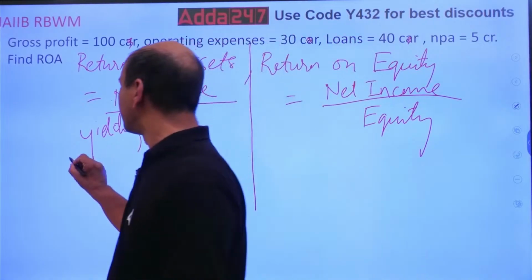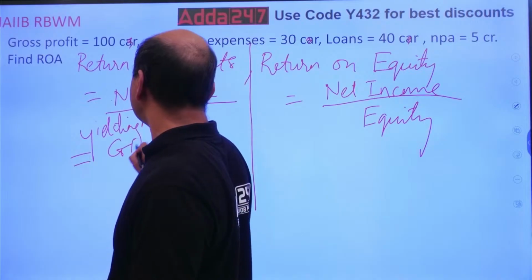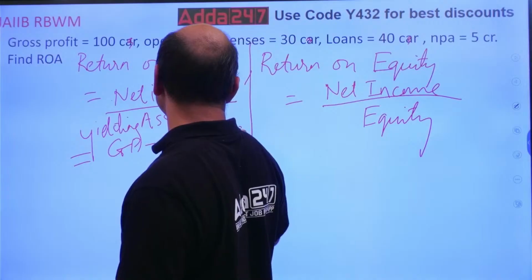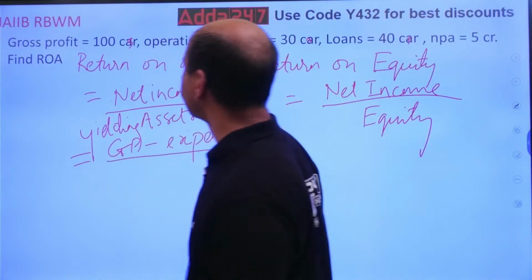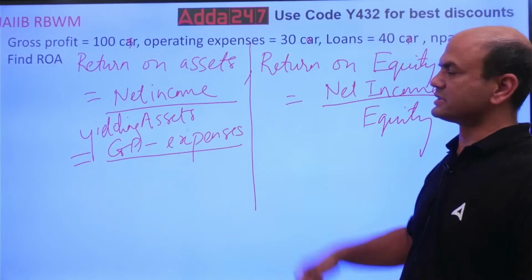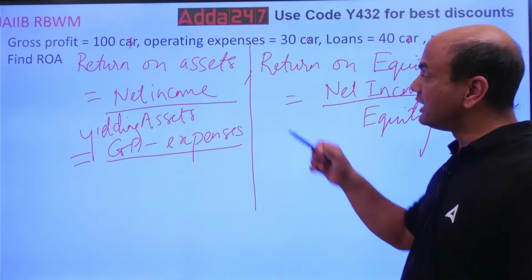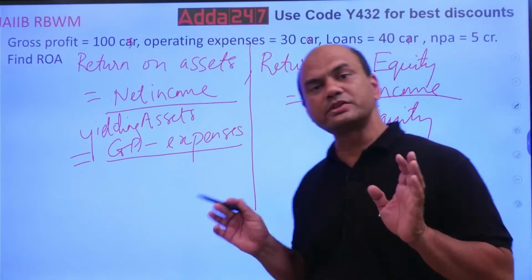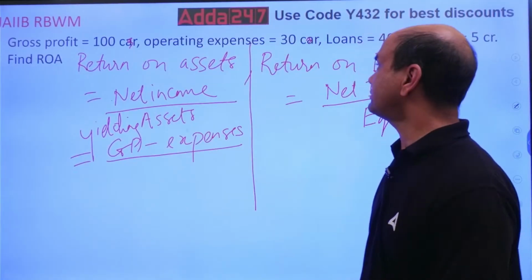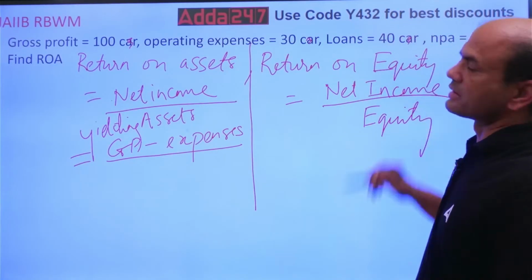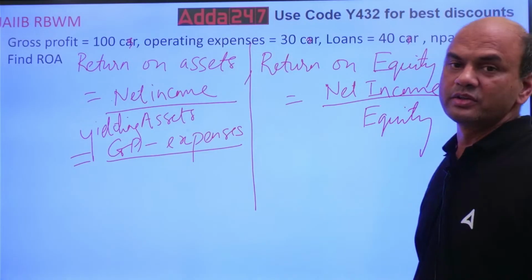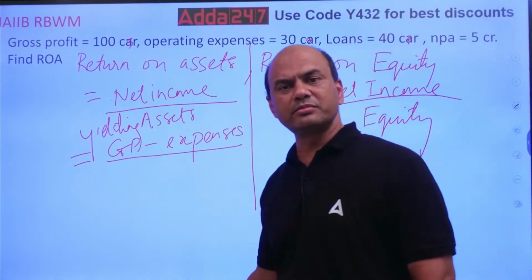Gross profit minus operating expenses. This is net income, divided by yielding assets. Yielding means which give you some income. Now what is given over here? Loans is 40 crores, but NPA is 5 crores. Is this NPA giving you any income?